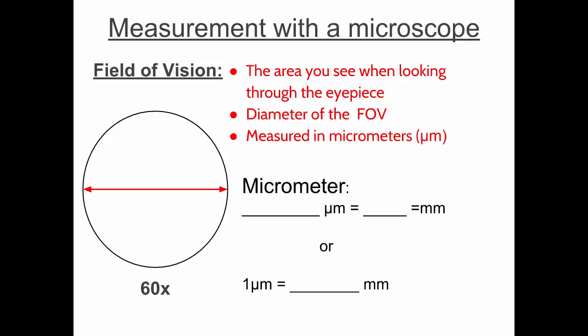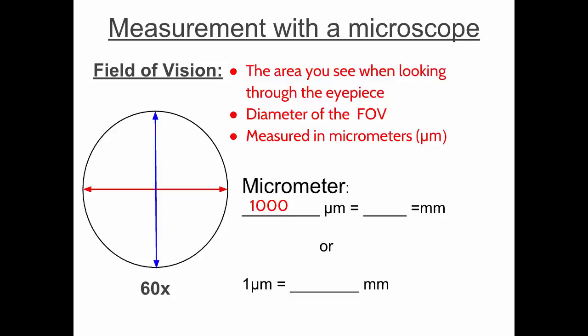Okay, the units that we're going to use are a unit we have not talked about before. They're called micrometers. A micrometer is a millionth of a meter. In 1 single millimeter, those smallest lines on our rulers and meter sticks, there's actually 1,000 micrometers in each millimeter.